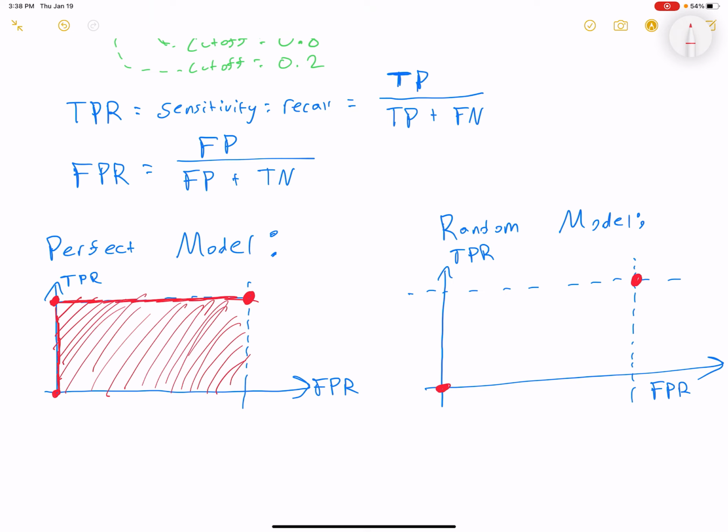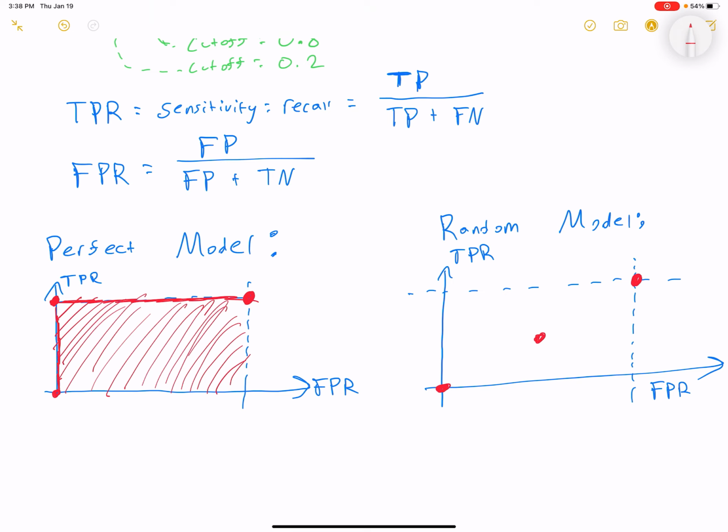But let's say the threshold is 0.5 and the classifier is predicting randomly, then you'd expect roughly 50% of the points to be correctly predicted and 50% to be incorrectly predicted. So we might get 50-50 for true positive rate, false positive rate.